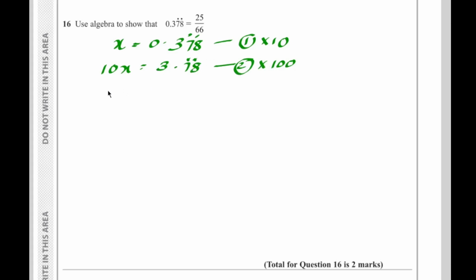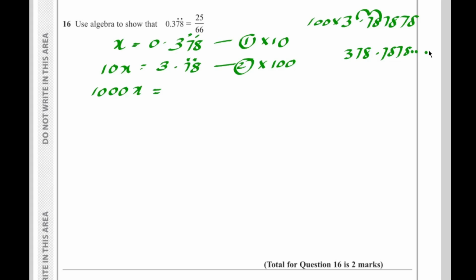Then this would be 1000x. 10 into 100 is 1000. Now, this is 3.787878. So, if I multiply this one by 100, decimal point jumps 2 times here, then it would be 378.7878, right? It recurs. Therefore, let's write this one as 378.78 recurs.